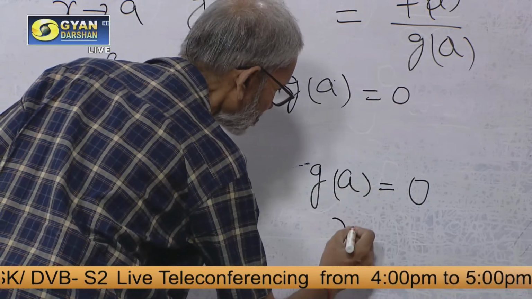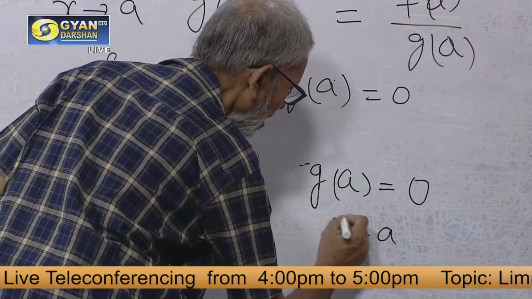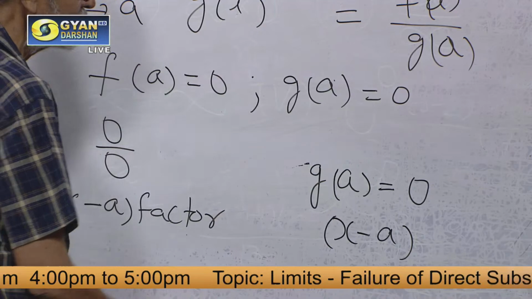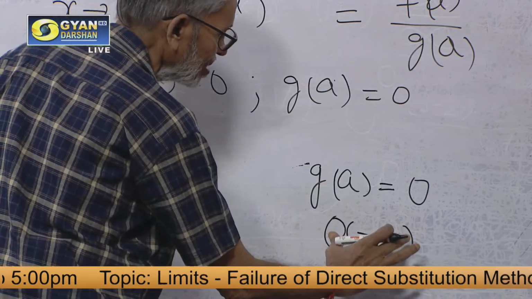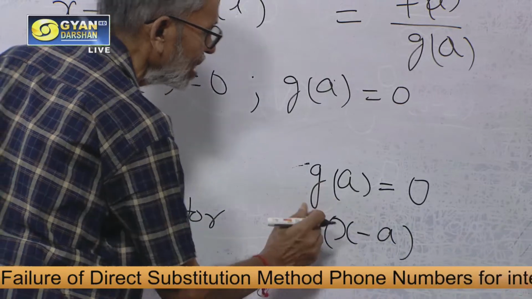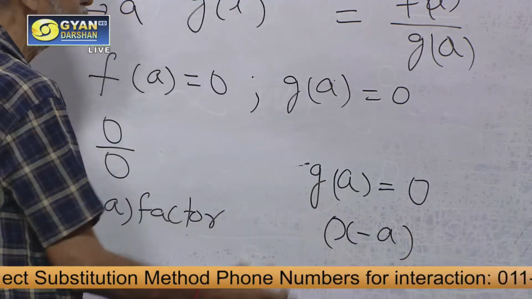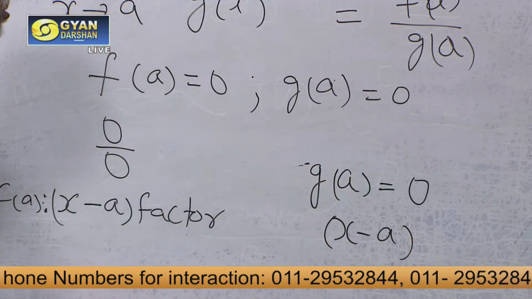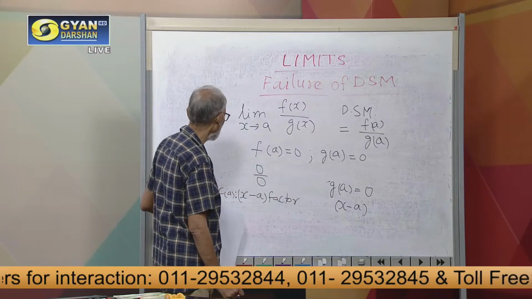So, x minus a will also be a factor of g x, because this factor is multiplied by something, and if we put x equal to a, this whole thing becomes 0. So, x minus a should be a factor of both g x and f x.